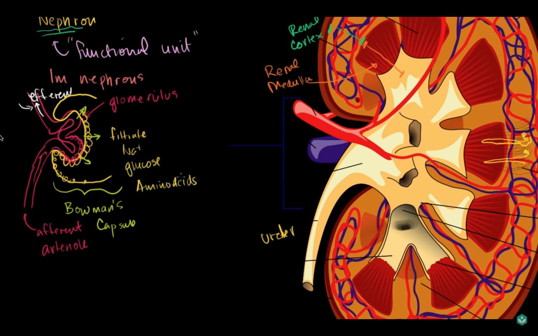There's tons of stuff in here, but this is just to give an idea. The things that do not get filtered are things like red blood cells, or larger molecules, larger proteins. They will not get filtered. It's mainly the smaller molecules that will be part of this filtrate that shows up here in the Bowman's space.